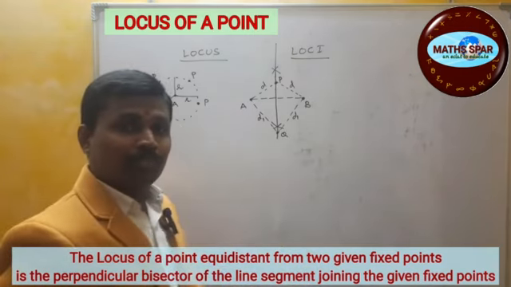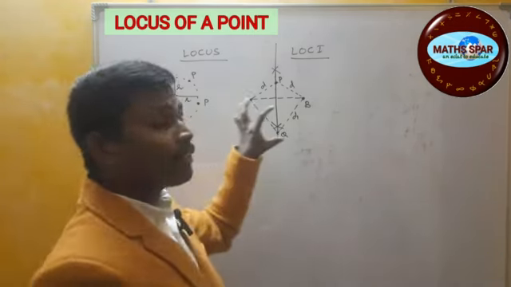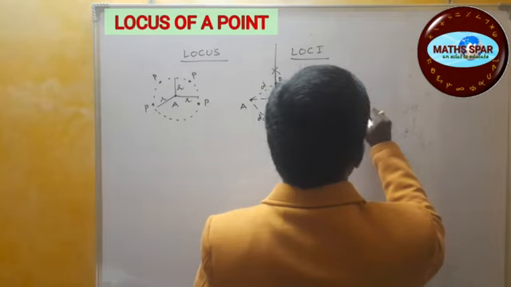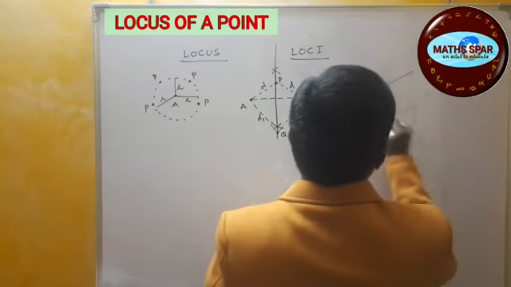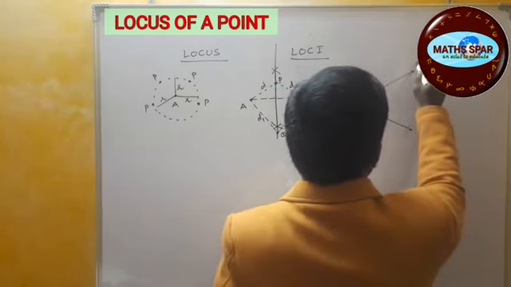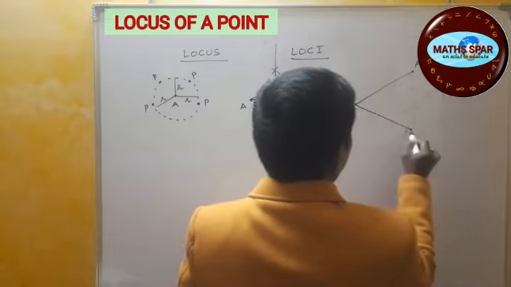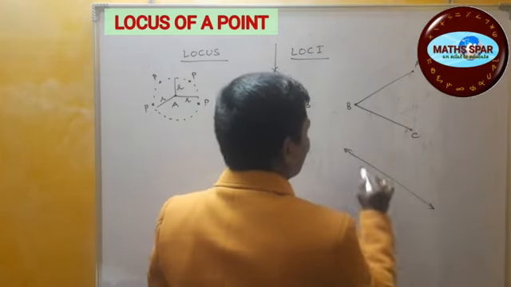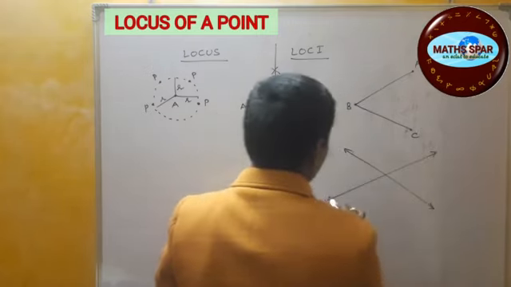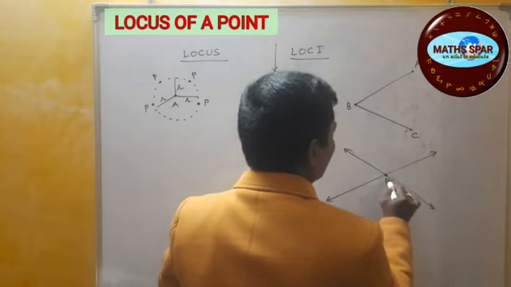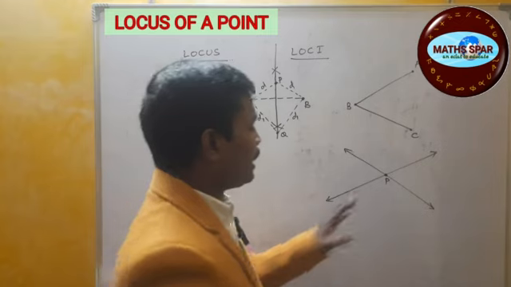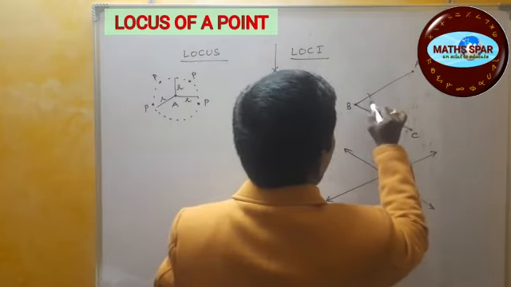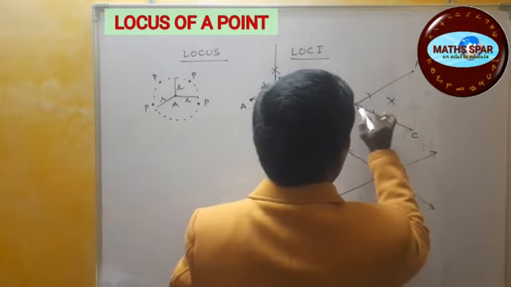these two points. Then the locus of a point equidistant from two intersecting line segments, or two intersecting lines, at a common point P, is the angle bisector.